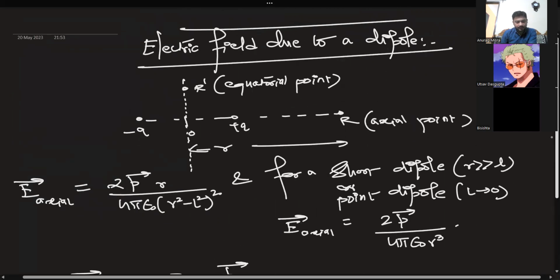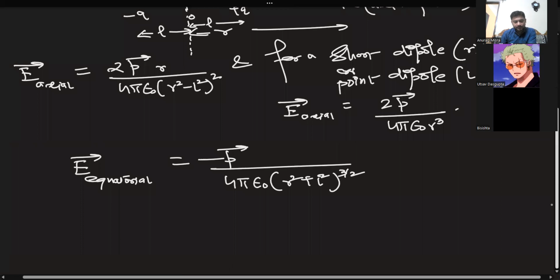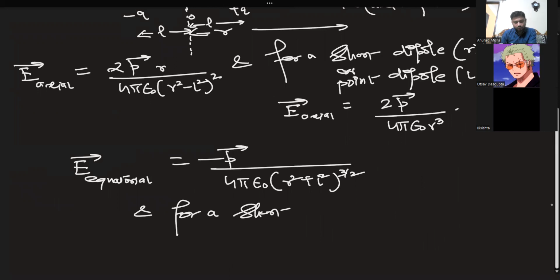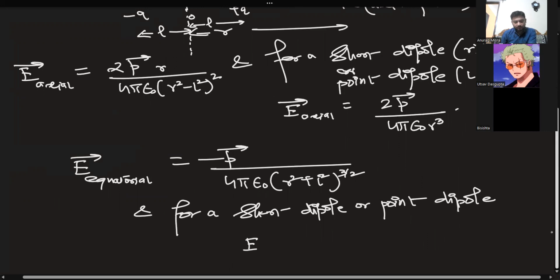L is half of the length of the dipole. Right? L is half of the length of the dipole. Again, we can see that for a short dipole or point dipole, where L is negligible as compared to distance r, our E equatorial will be minus of P by 4 pi epsilon naught r cube.